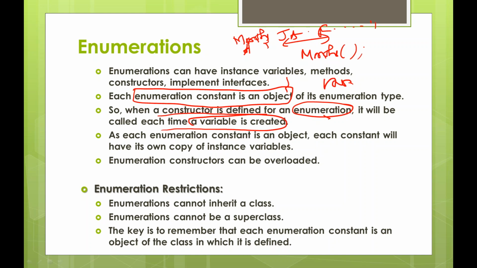When you try to create a variable of the enumeration type or access it, all the objects will be created and the constructor will be called for each constant within that enumeration type.